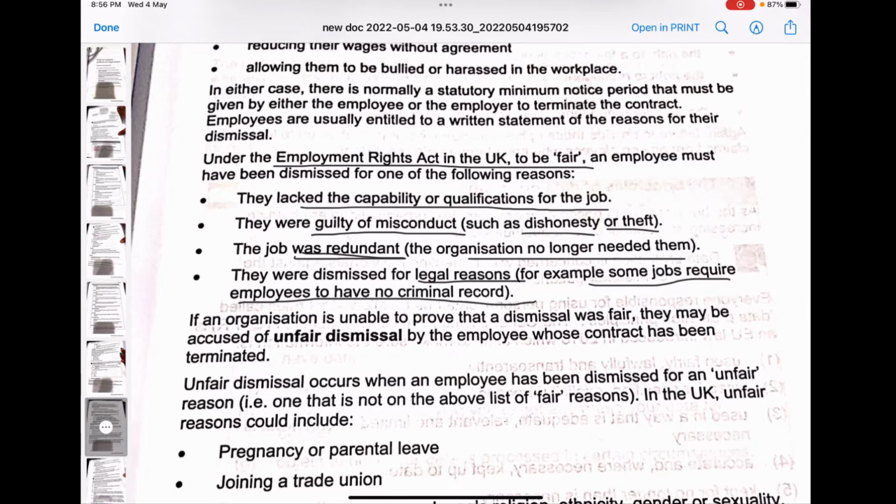These are the reasons. If an organization is unable to prove that a dismissal was fair, they may be accused of unfair dismissal by the employee whose contract has been terminated.